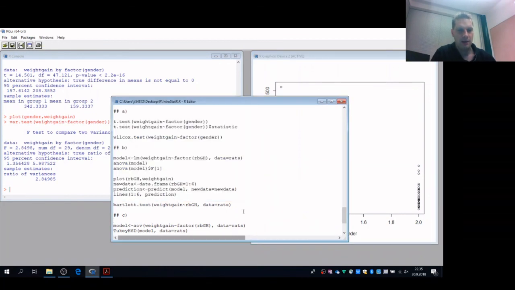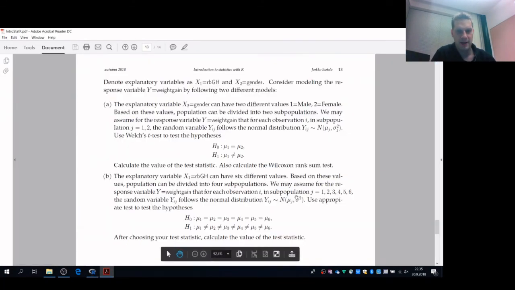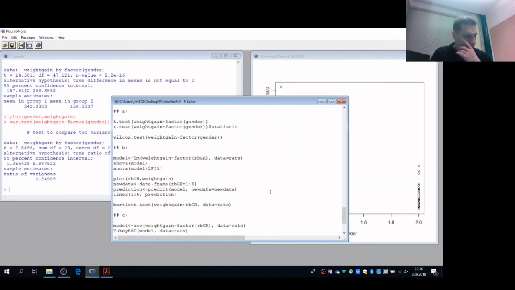Okay, here now, in question B, we assume that the variance is not changing with respect to that X1 variable, and we could study that by using Bartlett's test, like this way.